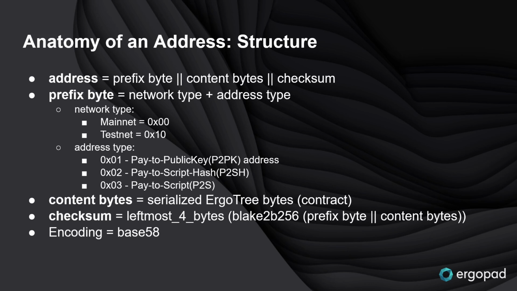This is where your contract, when it gets compiled and then encoded into some bytes, that's the content. And then we have the checksum, which is the leftmost 4 bytes of the hash of the prefix byte appended to the content bytes. And then all of this is encoded in base 58.